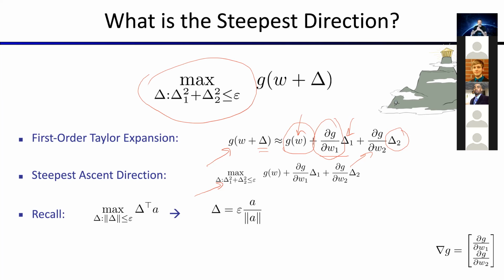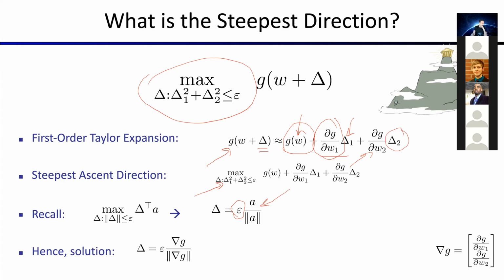And we know from calculus that when we want to maximize the inner product between two vectors, we had better align them completely. And this is how we can make this alignment when we have this constraint on the amount of change we want to make.